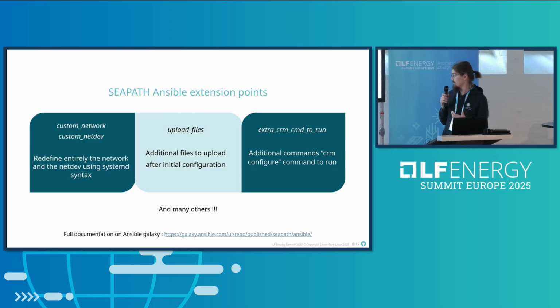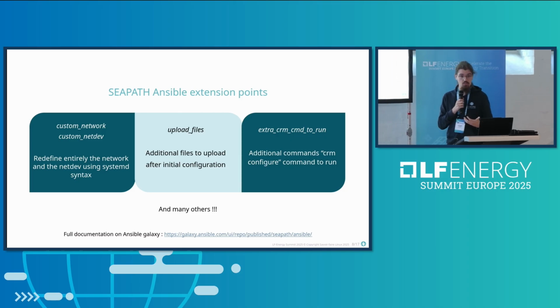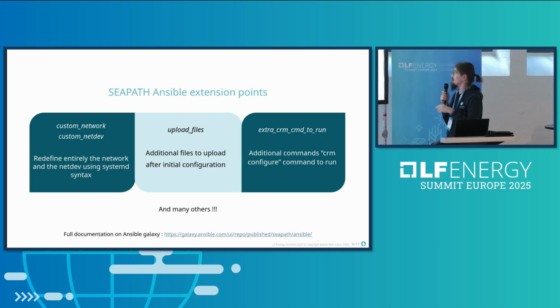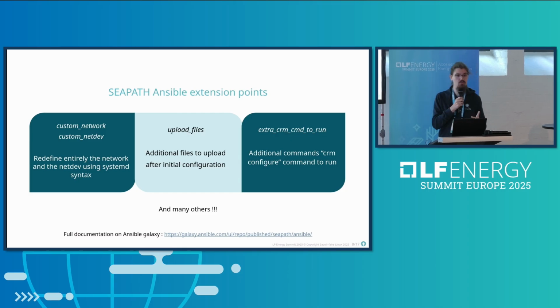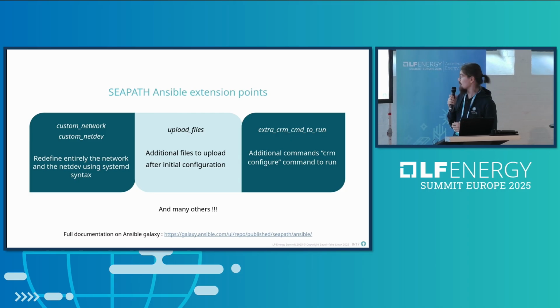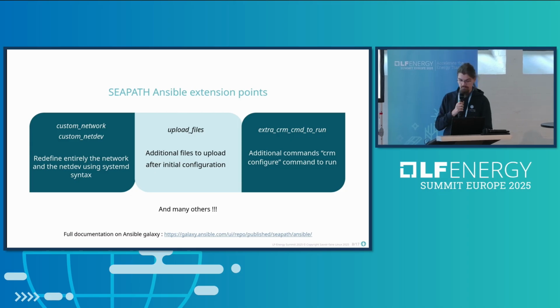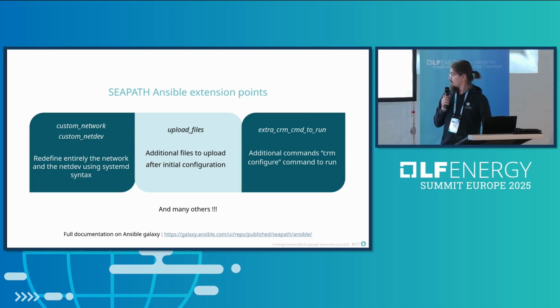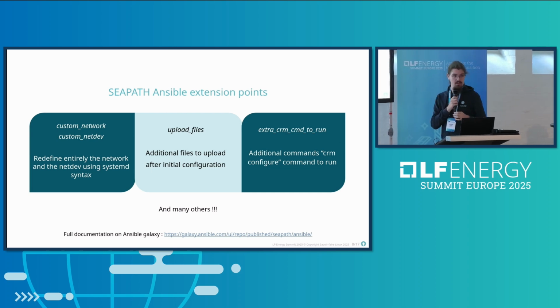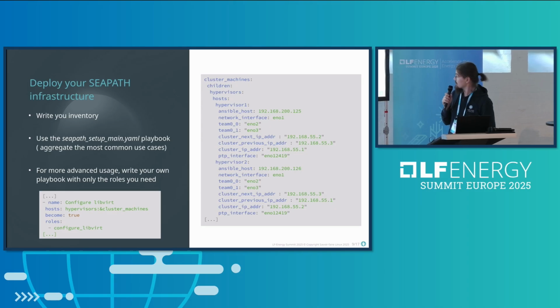The upload files is just for uploading files on the machine you want, no matter what it is. The extra CRM CMD to run are Pacemaker commands to run on top of the cluster when it's built, so that you can have more resources running on CPaaS. And you have the full documentation on the CPaaS Ansible Galaxy, if you want to look for all these variables.